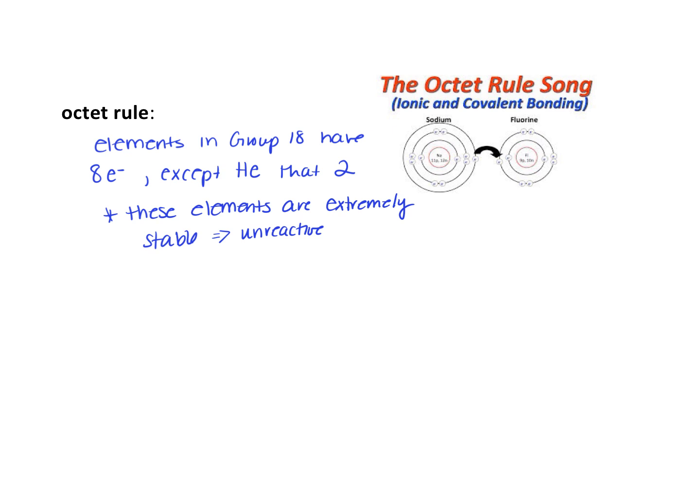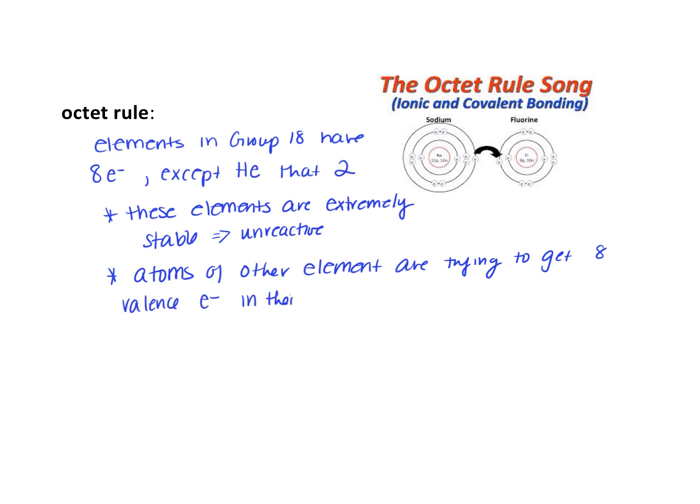Now, atoms of elements in other groups are more reactive because through the process of going through these reactions, they're trying to achieve this configuration of 8 valence electrons. Okay, so atoms of other elements are trying to get 8 valence electrons in their outermost shell to be stable.